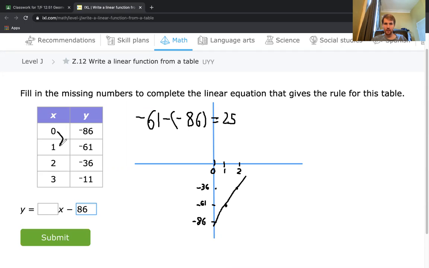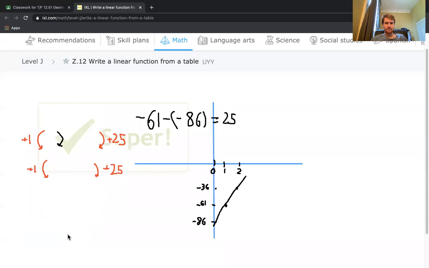Each time the x goes up 1, the y is going up plus 25. So we know that the rule is going to be 25. And of course, because we started at negative 86 when x was 0, that's what we put in as the y-intercept. This is definitely a more challenging problem set.